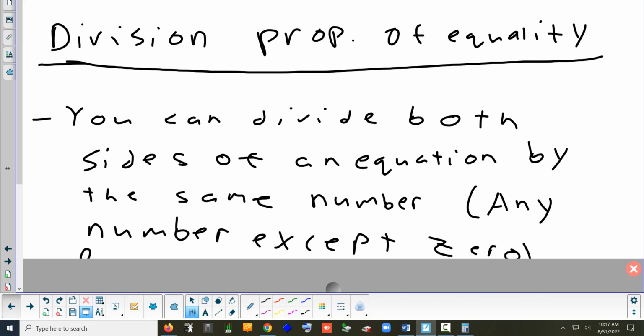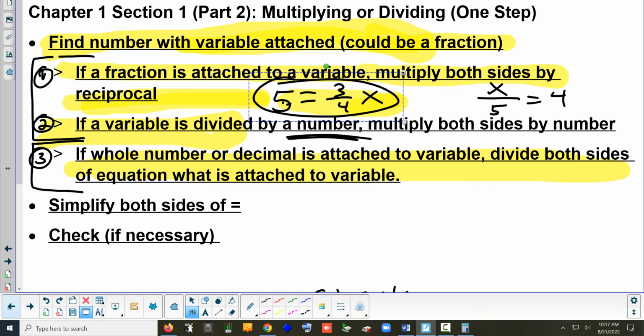And we know you have to divide when you have case 3, if you have a whole number or a decimal attached to the variable. Now, if it's a whole number, we're probably going to be able to do it without a calculator. If it's a decimal, probably going to need a calculator. All right, so for case 3, we're looking for problems like this. Say something like 10 equals 2x.